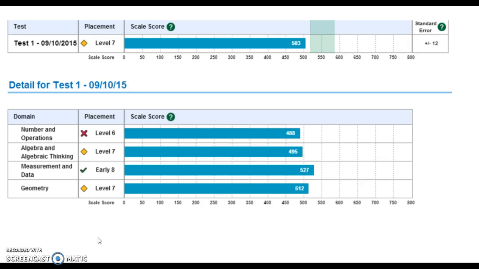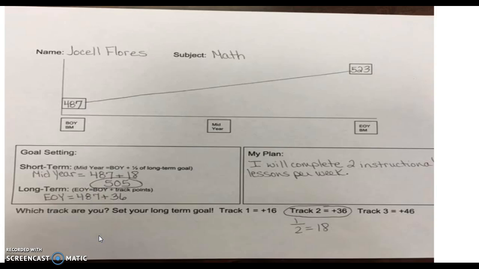So what we're going to do next is go back to that goal setting sheet that we did and determine if we have met our short-term goals for the year. So if you remember, Josel Flores set a goal in math of moving from a 487 benchmark from the beginning of the year to 523 as her end of the year benchmark.